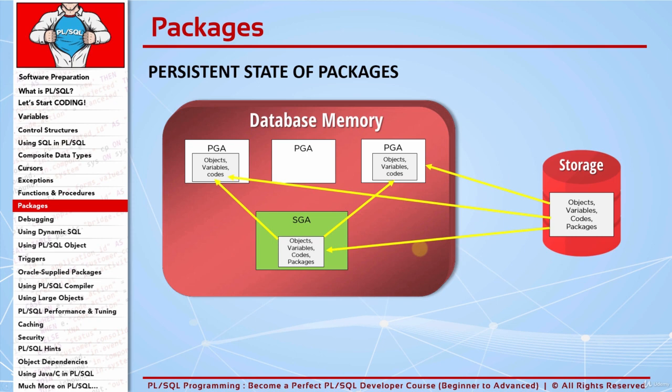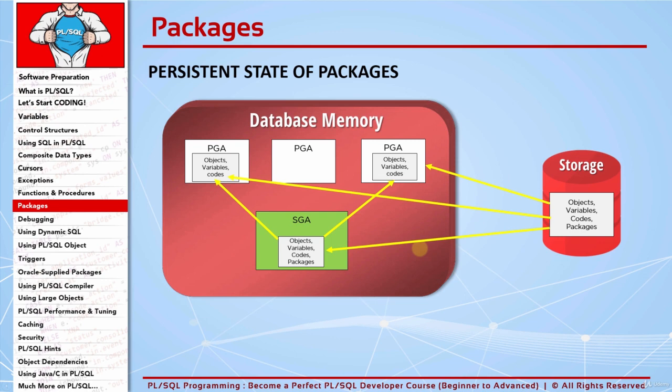Let me explain that with a scenario. Let's say the variable x in our package is initialized to 10 by default, and you change that value in your session to 20. You will now see that variable as 20, but other users will still see it as 10, because you changed only the variable in your PGA. Other users who refer to that package have their own variable access.